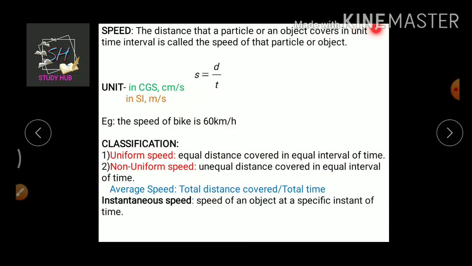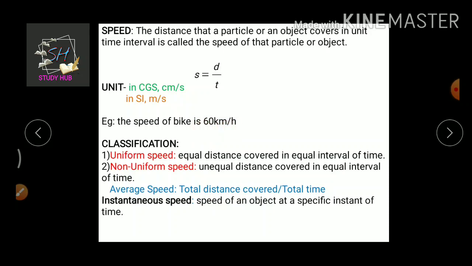Here unit time interval means 1 hour or 1 minute or 1 second. This is unit time interval. So suppose a bike is traveling 60 km distance in 1 hour, then its speed is 60 km per hour.